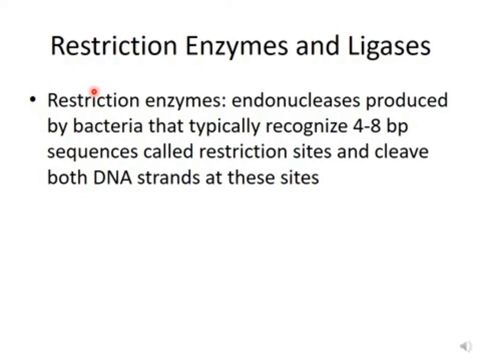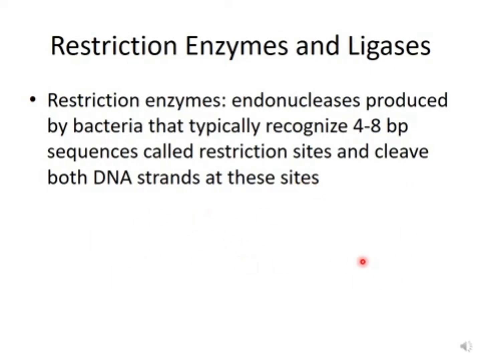This bacteria has different endonucleases, each of which recognizes a sequence of 4 to 8 base pairs. These sequences are called restriction sites, and once this restriction enzyme recognizes the restriction site, it cleaves both DNA strands at these sites. So we cut out the sequence that we are interested in.